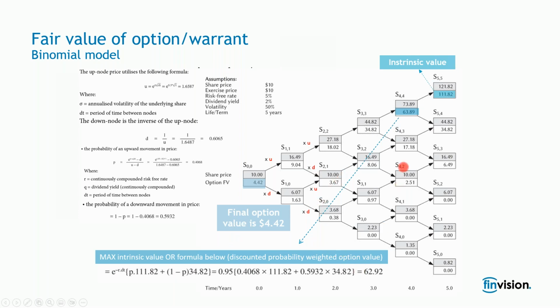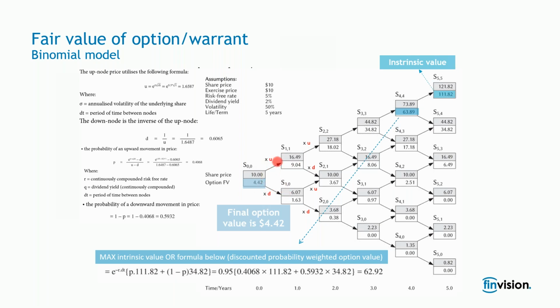I will share with you the exact formula, but there's an upward movement and a downward movement, and we have a probability.